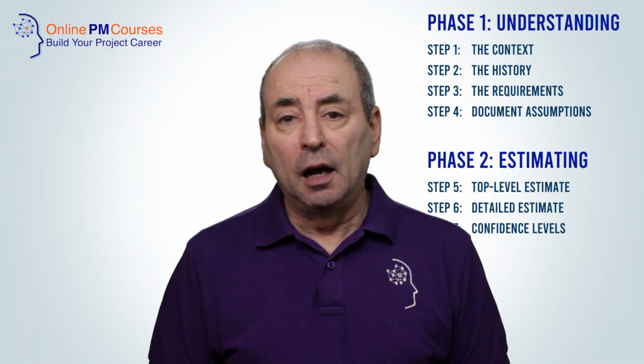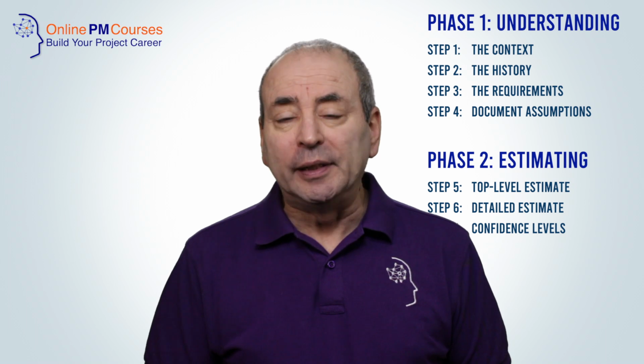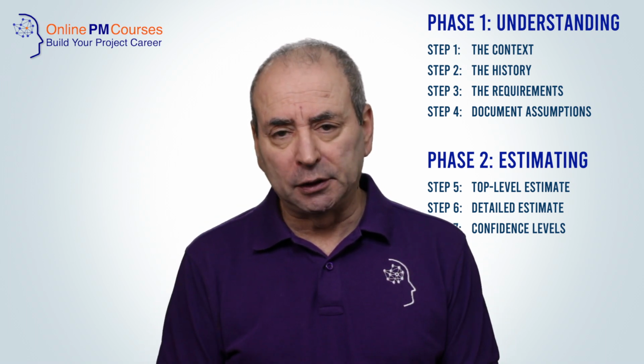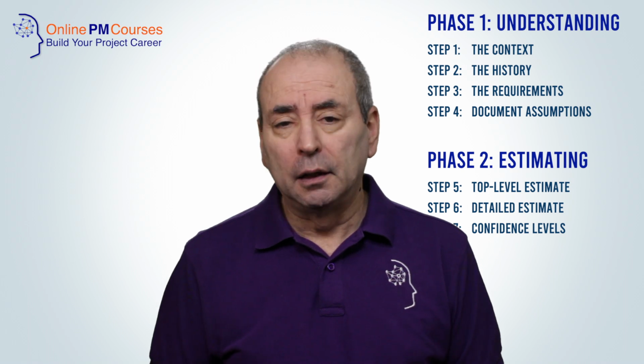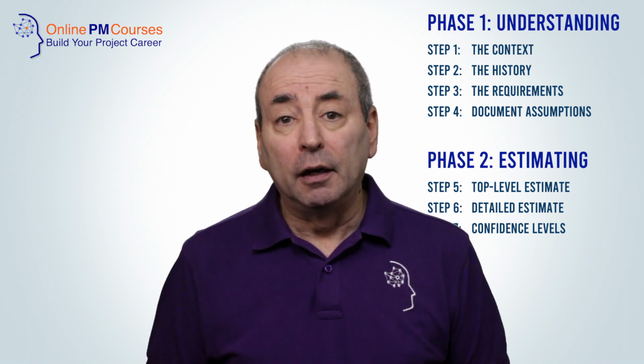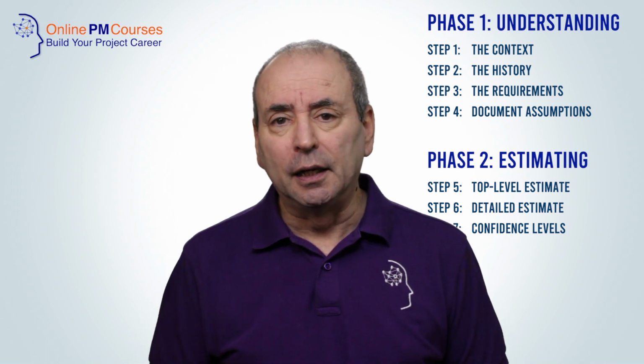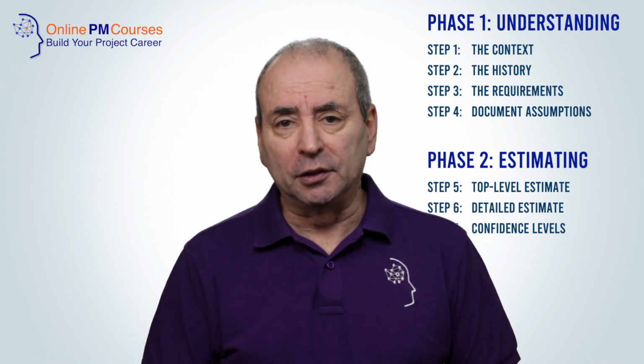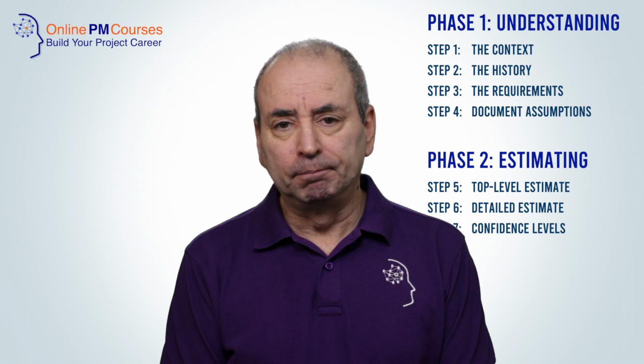Experience, data, rigor, checking and review will all decrease the level of uncertainty and therefore increase the confidence in your estimates. On the other hand, novelty, ambiguity, volatility and complexity will all reduce the confidence that you can have in your estimates.